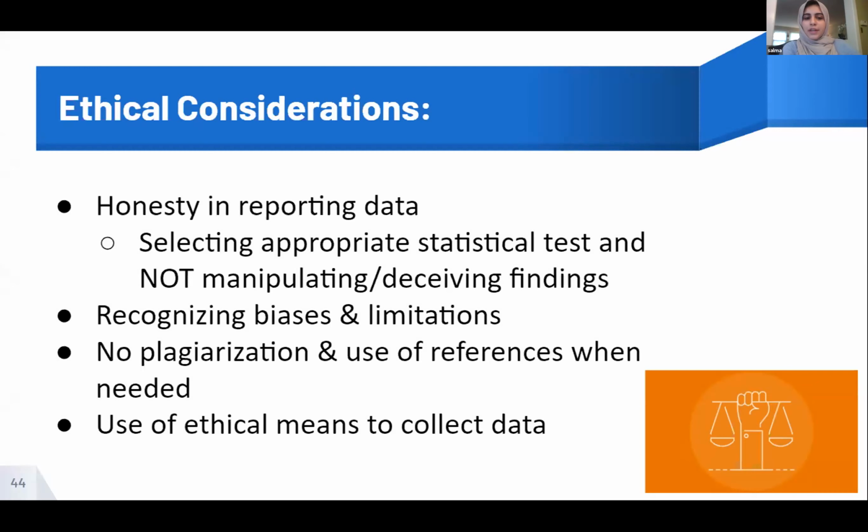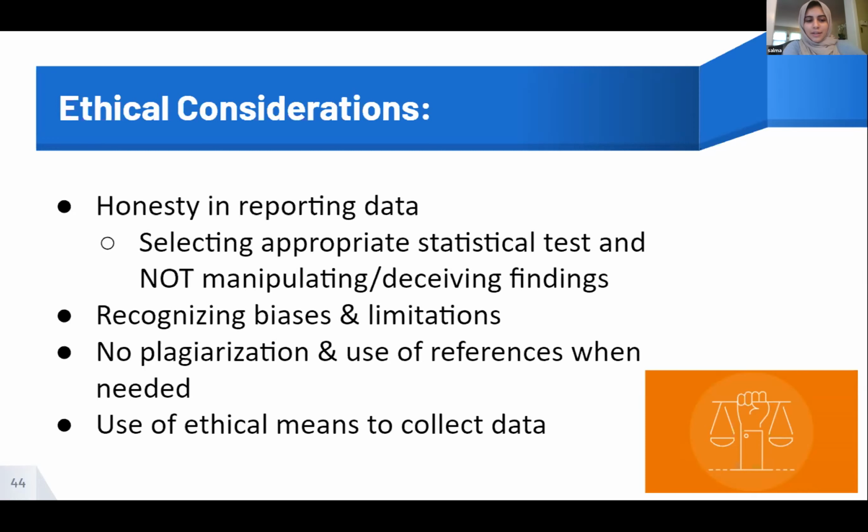So you want to make sure that you're reporting the data and drawing conclusions in the most appropriate way that you can, and not try to mislead anyone reading your paper.